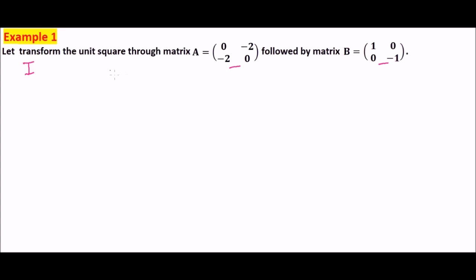This is our object, and we start by matrix A, followed by B. That is what the statement means: we transform our unit square through matrix A, followed by matrix B. The one you start with is the one next to the object.